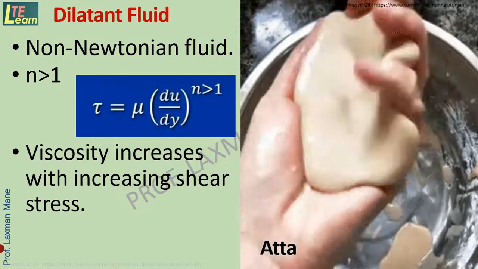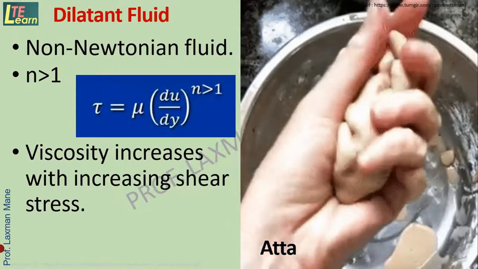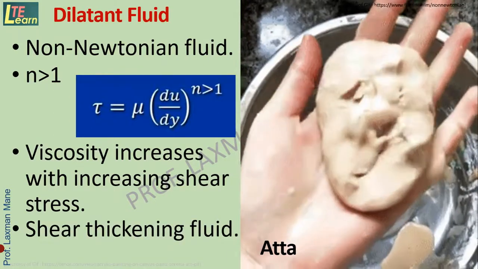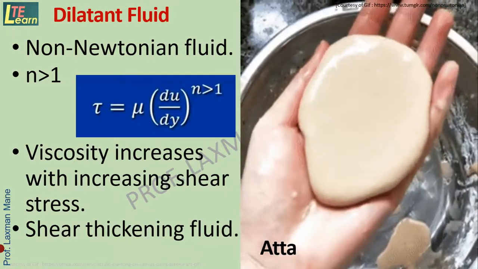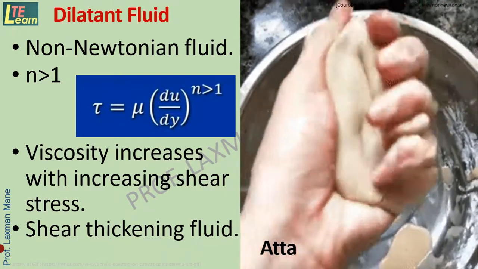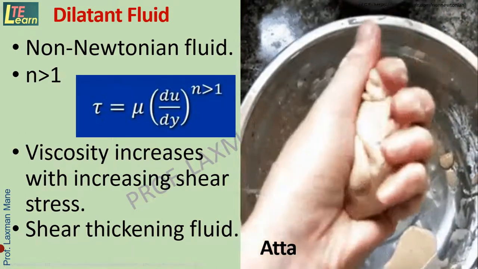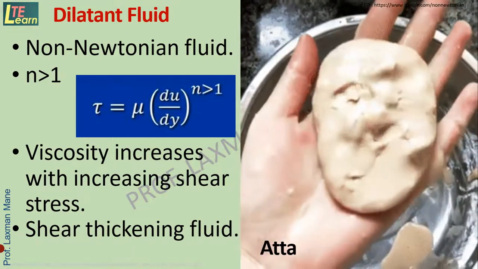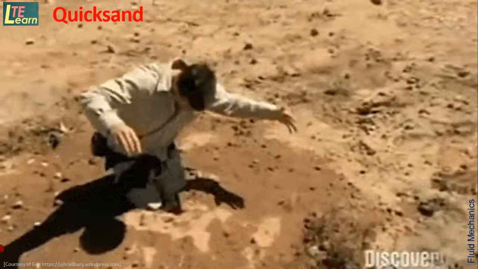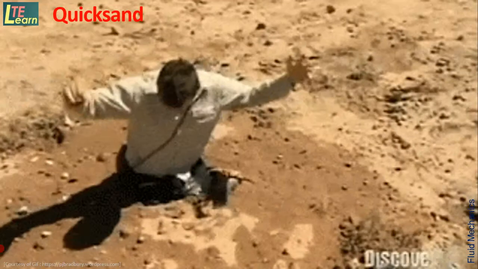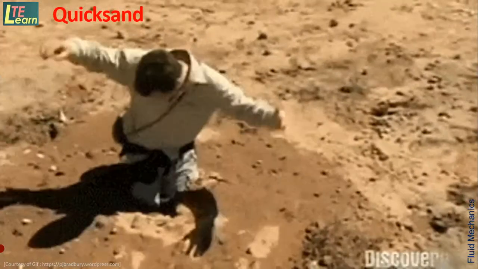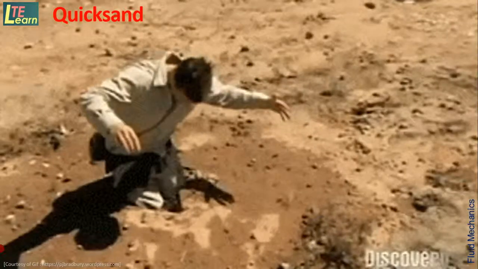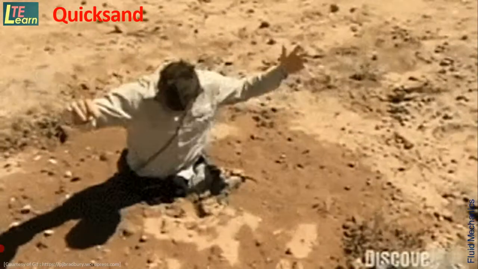In this case viscosity increases with increasing shear stress, meaning the more the fluid is sheared, the more viscous it becomes. That is why it is called a shear thickening fluid. The best example of a shear thickening fluid is quicksand, a thick mixture of sand and water.